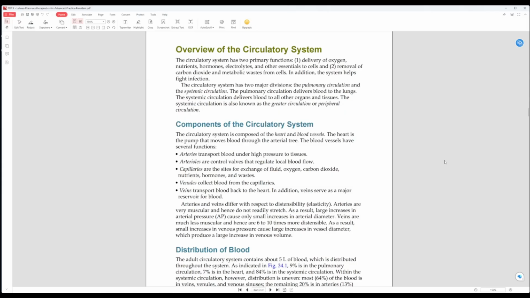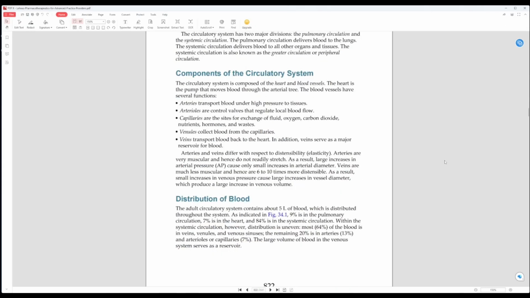The circulatory system has two major divisions: the pulmonary circulation and the systemic circulation. The pulmonary circulation delivers blood to the lungs. The systemic circulation delivers blood to all the other organs and tissues. The systemic circulation is also known as the greater circulation or peripheral circulation.